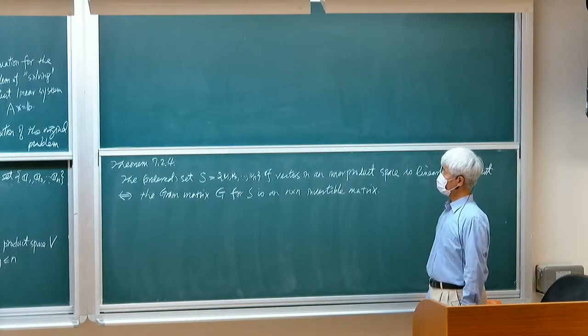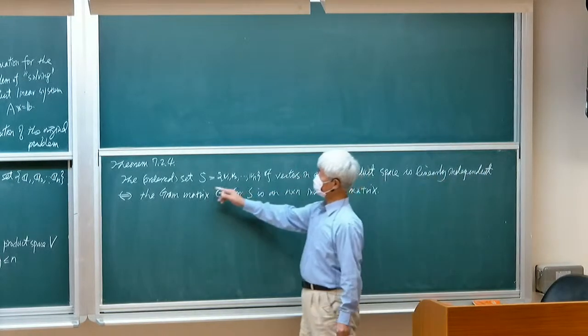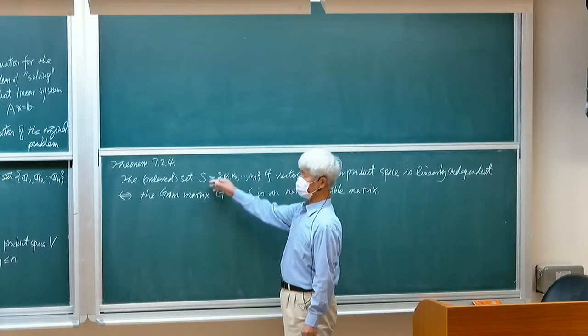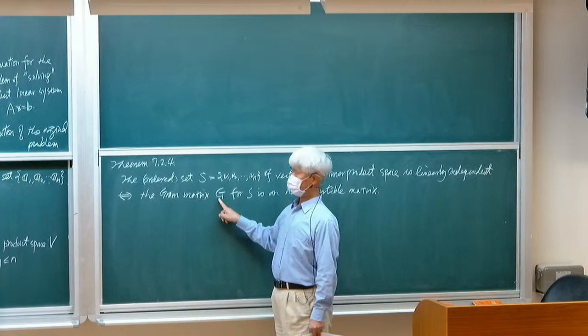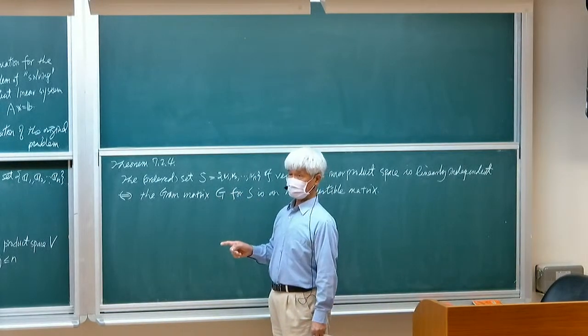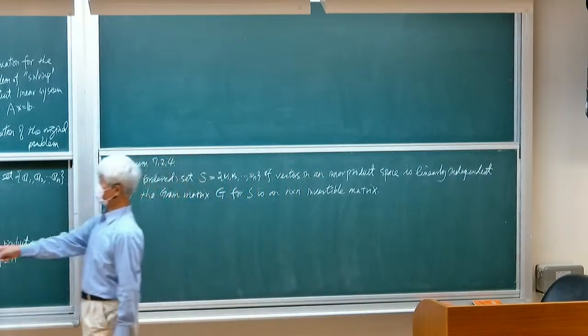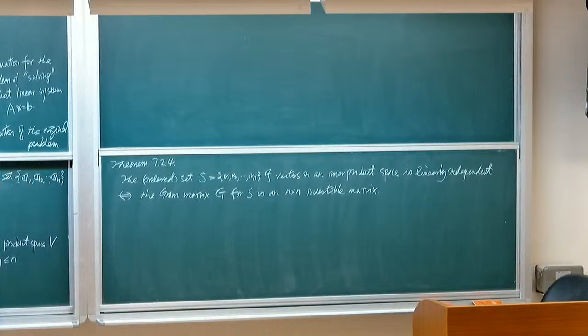But the theorem gives a very good idea. It's very simple because you can construct a Gram matrix, and the Gram matrix is numerical: it is a matrix of scalars, real or complex numbers.